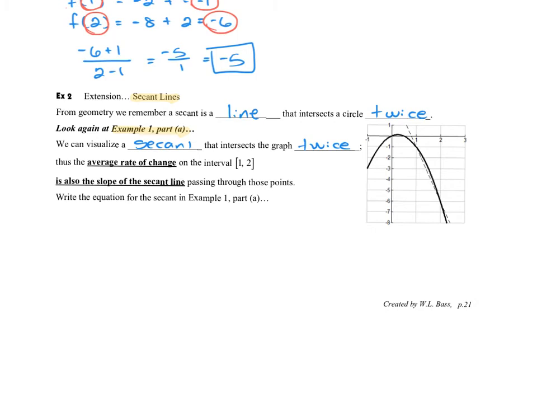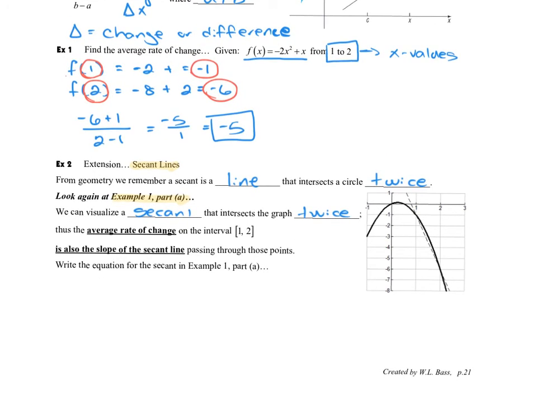So this curve that I have right here, this parabola, is in fact the same parabola if we chose to graph the function up here in example 1, y equals -2x squared plus x. I can confirm that it's the same graph because I can see my x-intercepts, which I could find mentally, and I know that my graph was supposed to be a downward turning parabola. So this parabola is the parabola that we looked at in example 1.